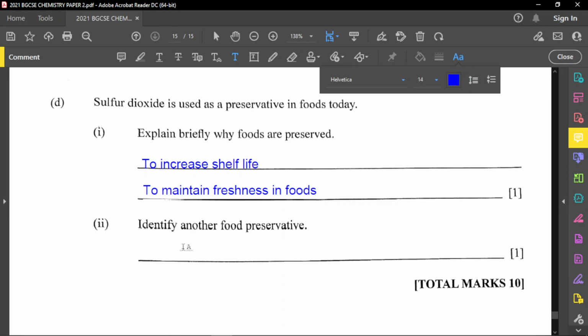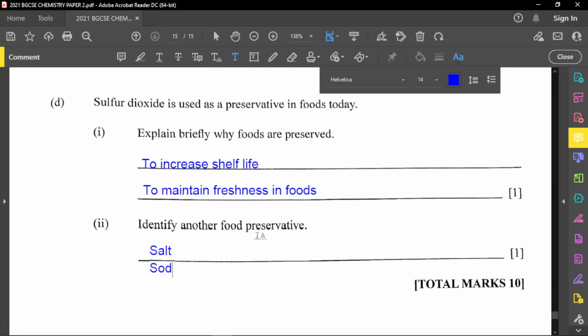And another food preservative, a very basic and common one, is salt. Salt can be used to preserve food. But on a commercial level, even though salt is used commercially to preserve certain foods, we also have sodium benzoate, and you may see that in some beverages sometimes, right?